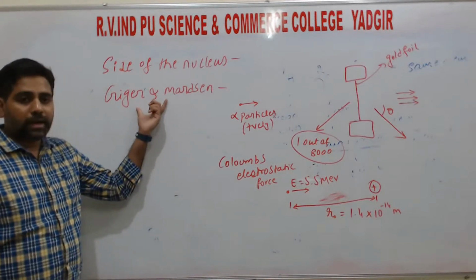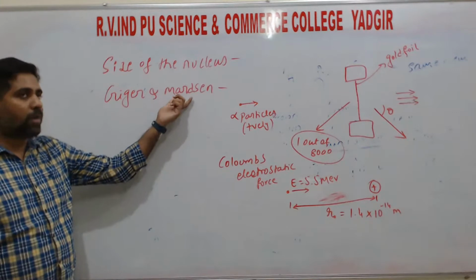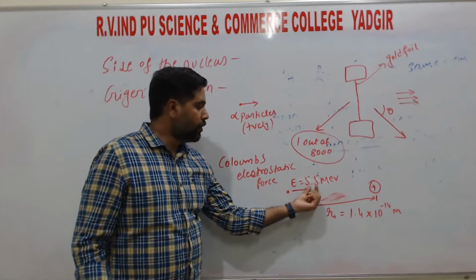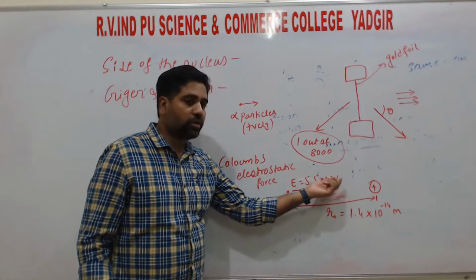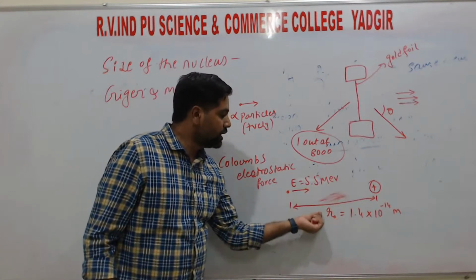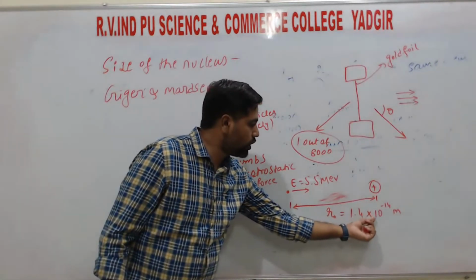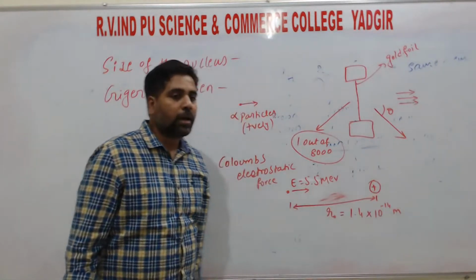That was conducted by Geiger and Marsden. That means the alpha particle moving with kinetic energy 5.5 mega electron volt approaches to a distance of closest approach, how much? R0 is equal to 1.4 into 10 to the power of minus 14 meter.